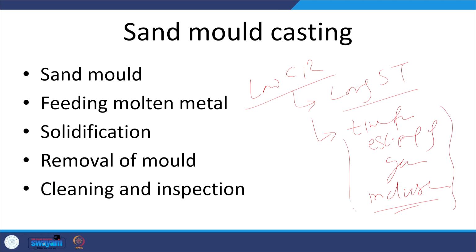So, the entrapment tendency for the gases and inclusions is somewhat reduced. So, the porosity and inclusion forming tendency due to the low cooling rate is reduced in case of sand mold casting, because we have enough time for escaping of the gases if there is enough permeability.